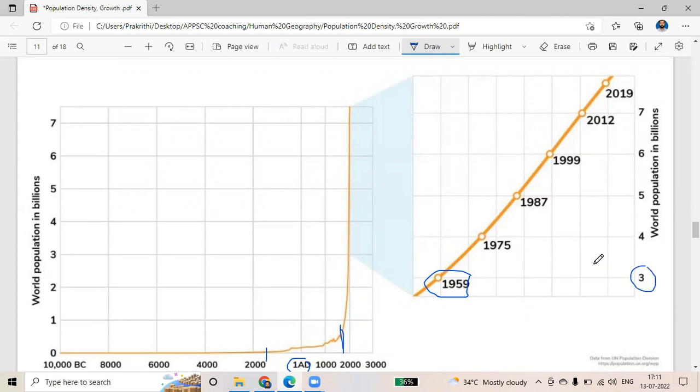But within these 60 years, it has increased to 8 billion. 5 billion increase within 60 years. That is how the population growth is affecting the world population.